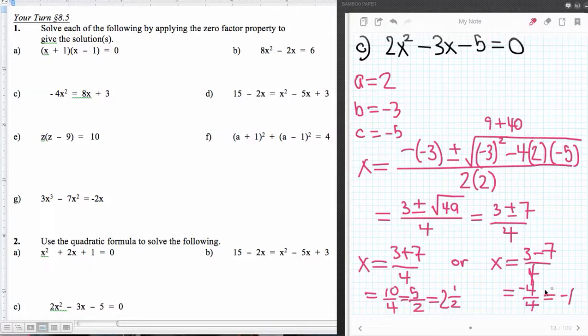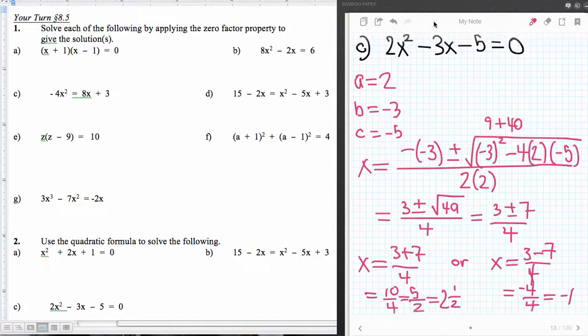So x is either equal to negative 1 or 2 1/2. And those would be our two solutions, which means this thing is factorable, and we can factor it as 2x minus 5 times x plus 1.